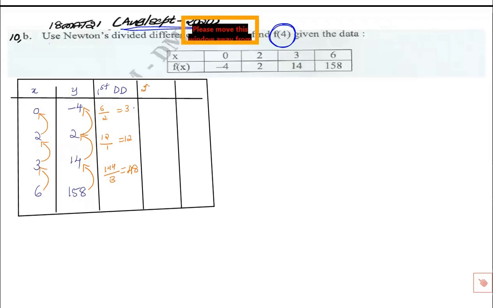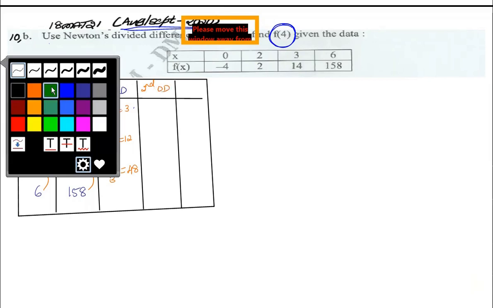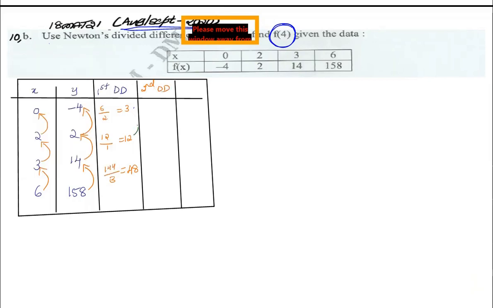Next, to compute second divided difference, 12 minus 3, that is 9, divided by 3 minus 0, that is 3. So the answer is 3. Next, here 48 minus 12, that is 36, divided by 6 minus 2, that is 4.